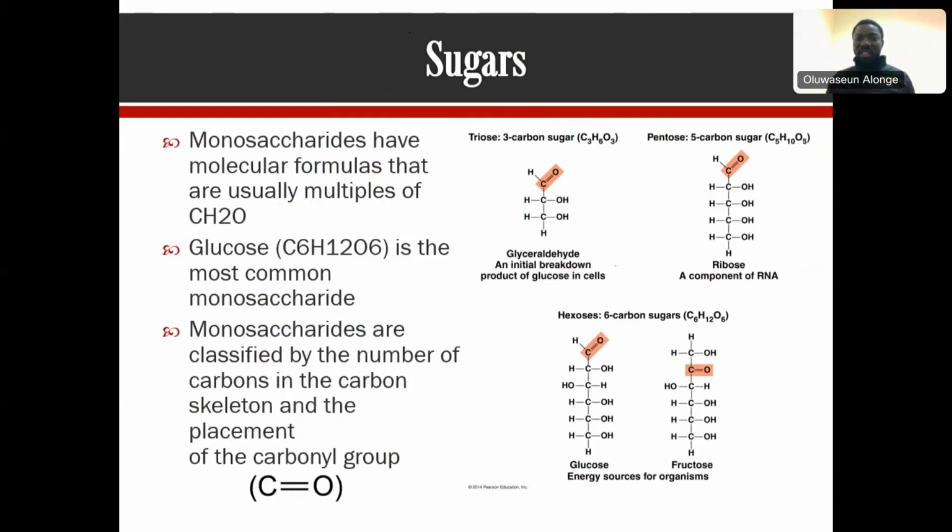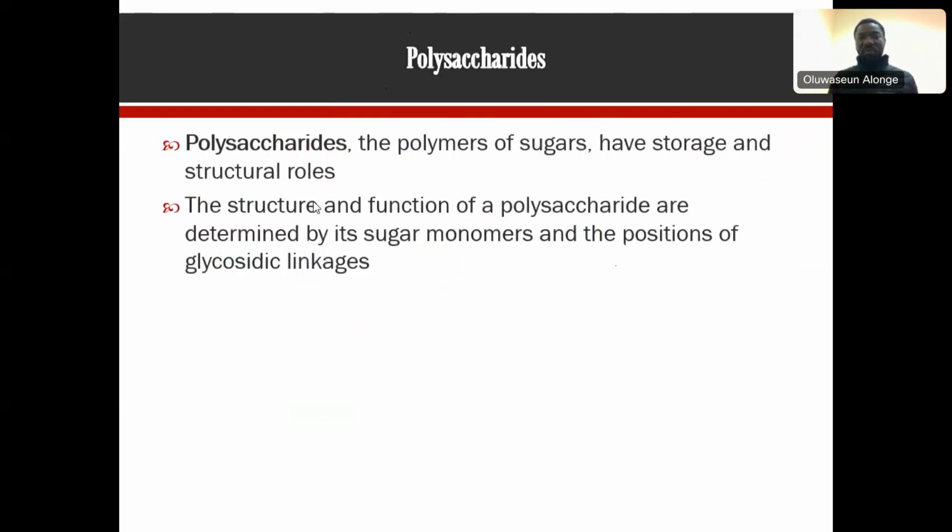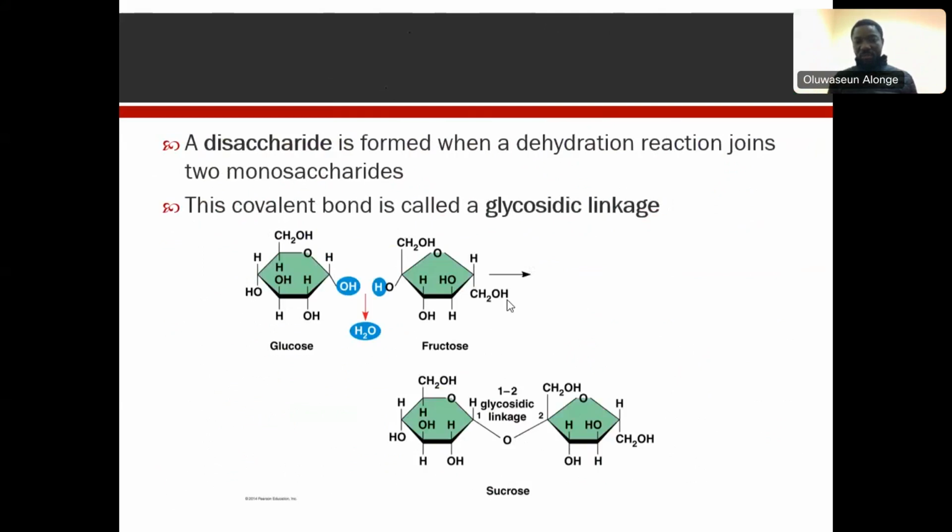Now when you get to disaccharides, the monosaccharides combine together to form what we call disaccharides. There are 3 disaccharides as well. I'll just type them here. I use the word LSM. The first one is lactose, and lactose is formed by glucose plus galactose.